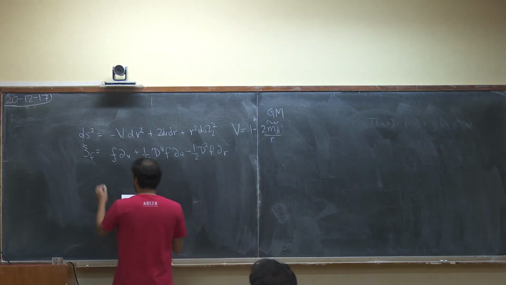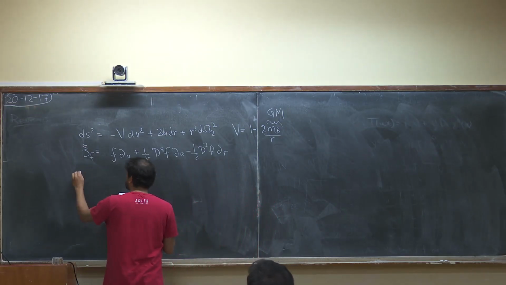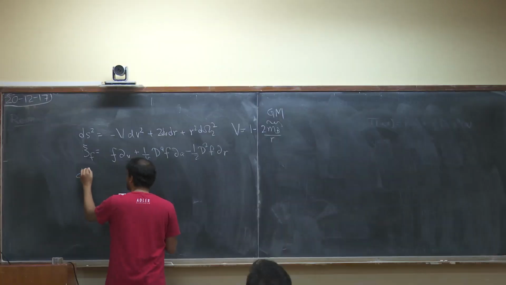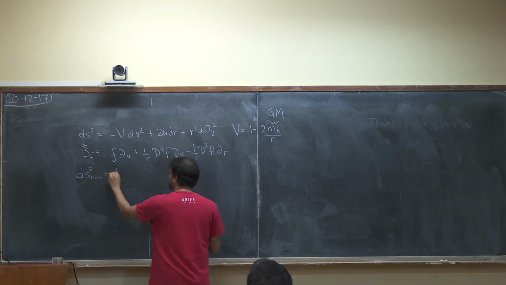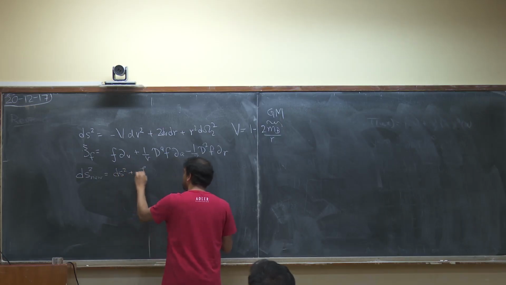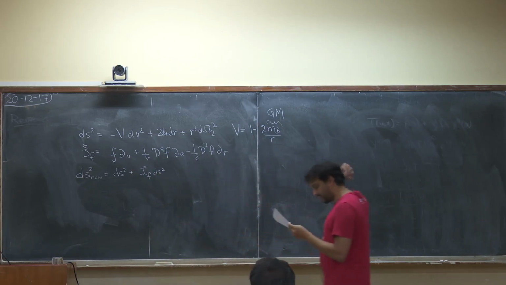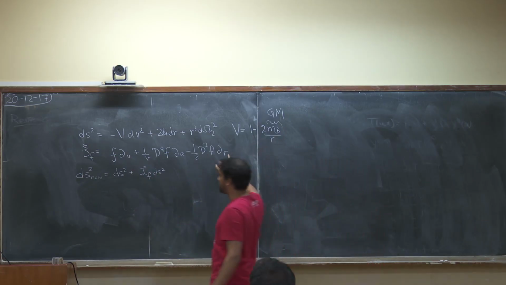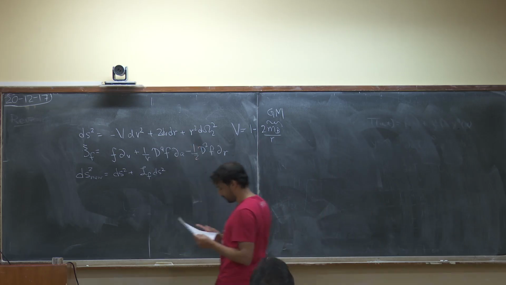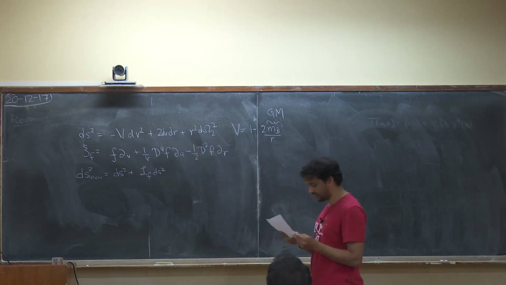And then you can just ask what is the supertranslated metric. So the new ds squared to linear order is just ds squared plus, okay, I won't bother writing this, but you can work it out. It's just a Lie derivative with respect to this psi. So that's what I mean by a supertranslated Schwarzschild black hole.